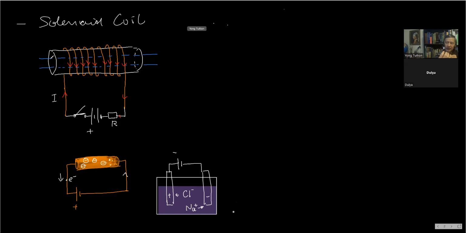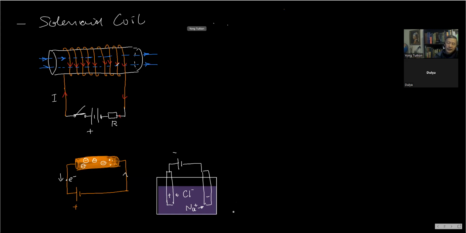And the direction of the thumb will automatically give you the direction of the magnetic field inside this solenoid. In this case, the magnetic field generated by this electricity will go in that direction, inside the coil.